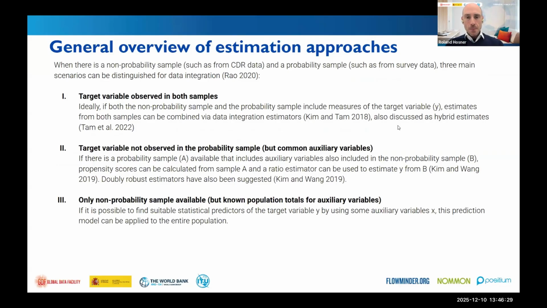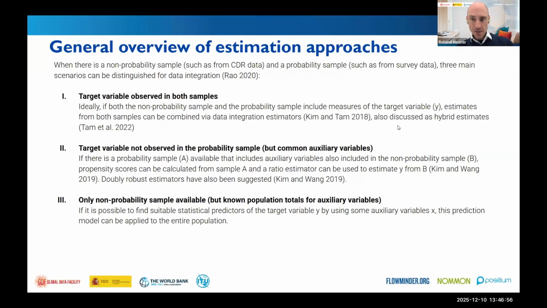He says that you can understand or look at it from this perspective, that there could be three scenarios. And he specifically talked about combining mobile phone data with survey data. The first and really the best scenario is where you have your target variable, your target statistic in both samples, the mobile phone data set and the survey data set.